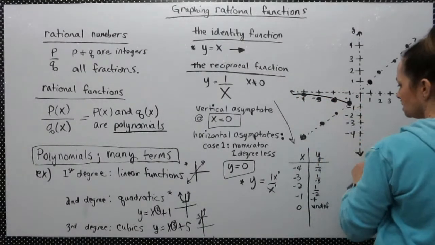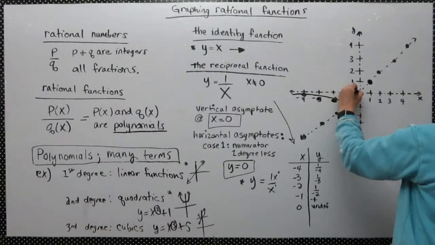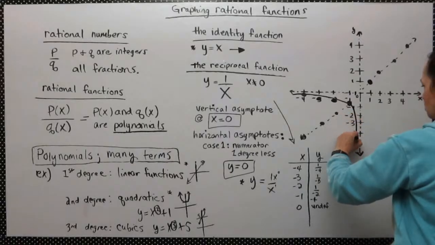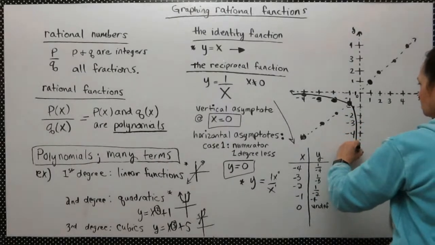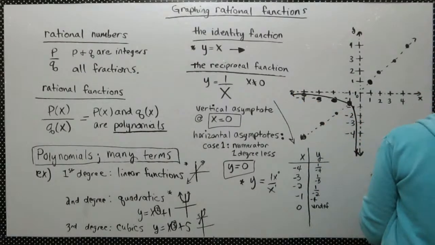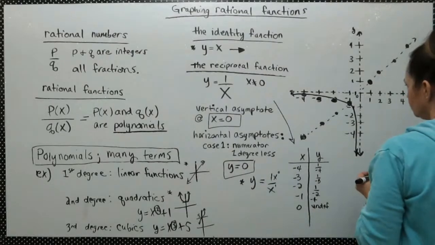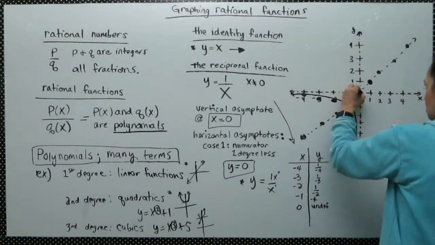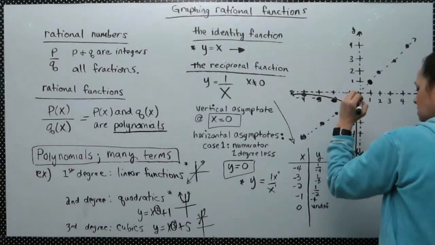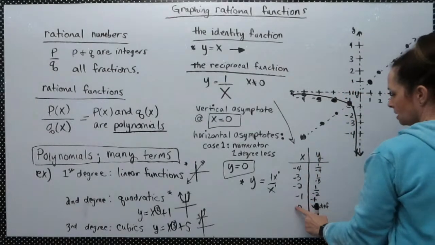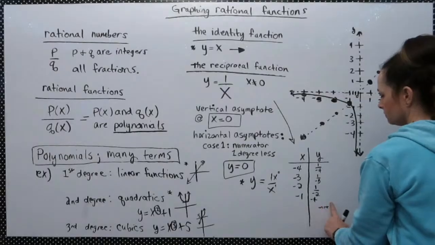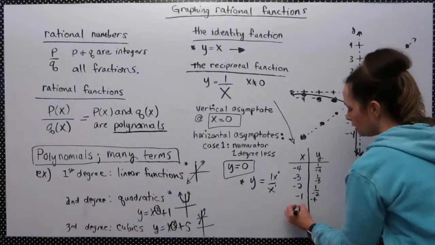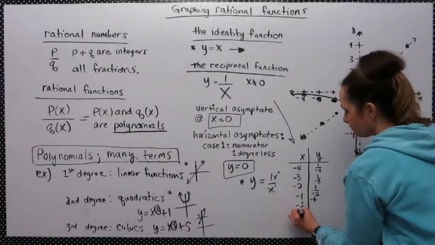And then we'll have to find some of these halfway points. So what this function's doing is bending towards its asymptotes here. Let's try to find a couple more of these points before we get to 0. Say I want to find out what's going on at -1/2.